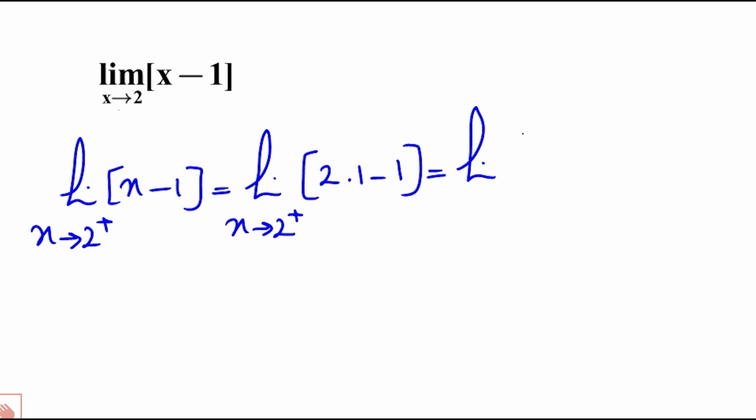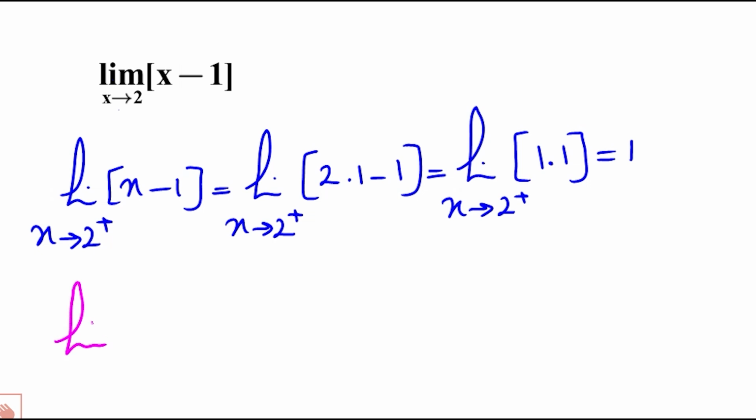The limit of the floor of 1.1 as x approaches 2 from the right is equal to the floor of 1.1, which is 1, so the final answer is 1. Okay?